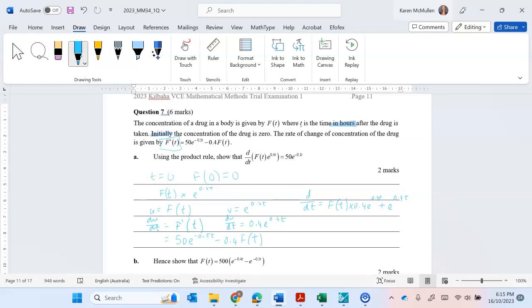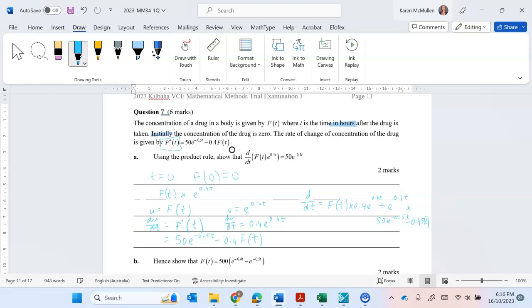So we did write that down. I'm not going to fit it all in. Times, and I'll just put it underneath, 50e to the negative 0.5t minus 0.4. I'm running out of room.